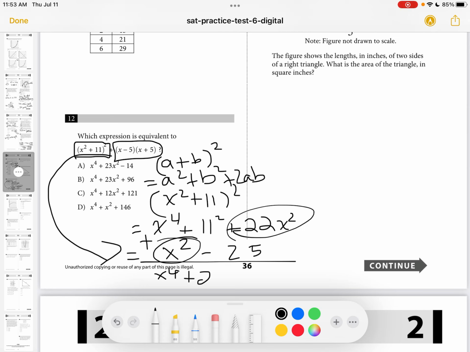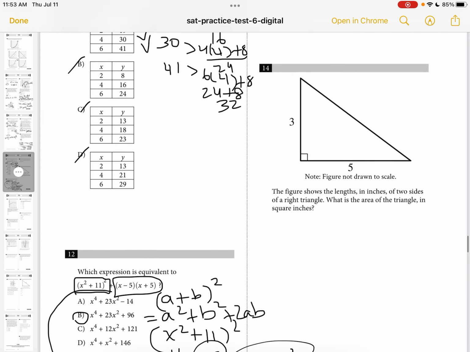So we get x to the 4th plus 23x squared. And then we have 11 squared minus 25. 11 squared minus 25 is 96. 121 minus 25 is 96. So x to the 4th plus 23x squared plus 96 is our answer, and that's choice B. Okay, let's move on.